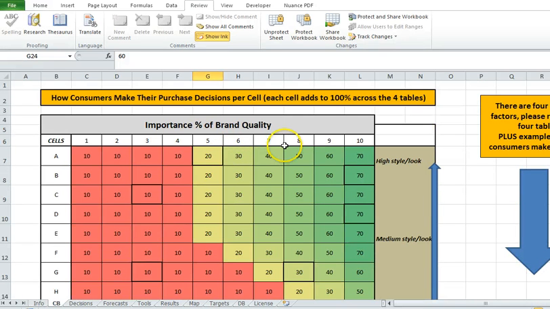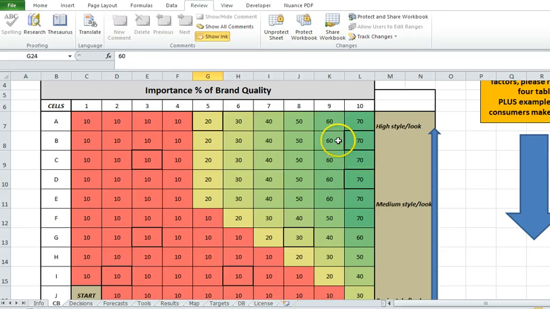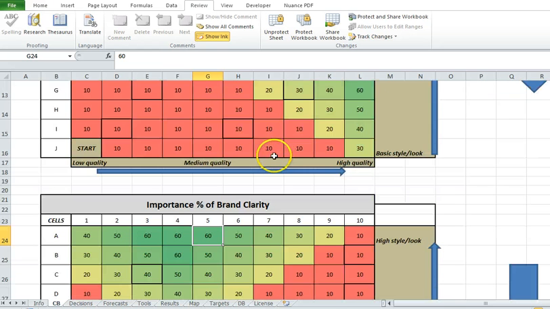When we look at brand quality, typically products that are higher quality, this is the highest quality along here, that becomes far more important. These consumers are seeking that out intentionally.